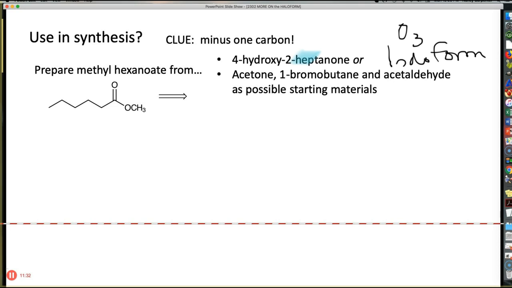When I see this is my target, I see that I have an ester, and the logical disconnection for an ester is right there. So I know I can make my ester by some leaving group here plus CH3OH. We're just going to sketch this out.